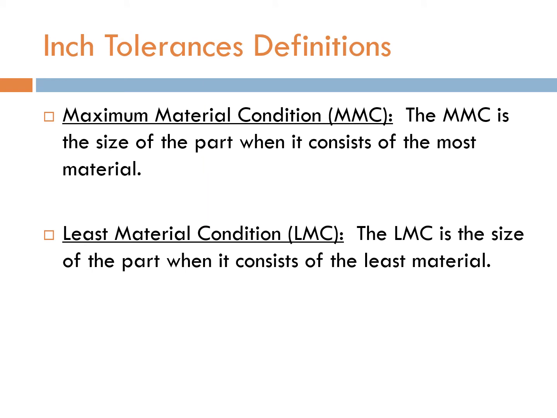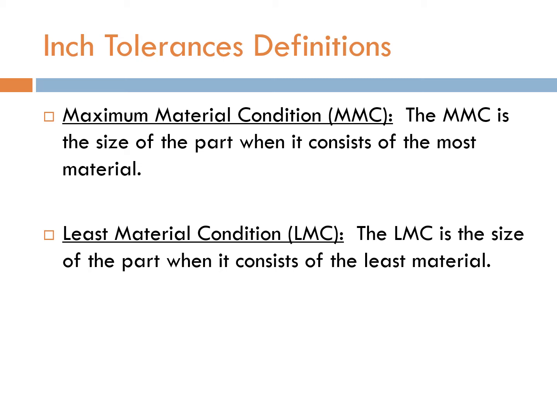Now we have more terminology which is important for our specification of the tolerance. One is called the maximum material condition, the MMC. The MMC is the size of the part when it consists of the most material. What does that mean, the most material?